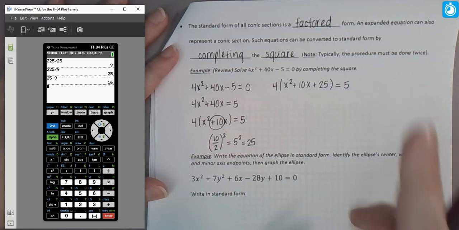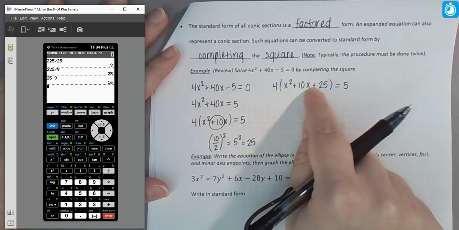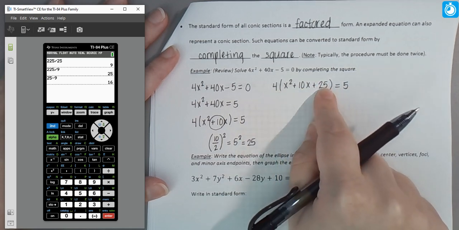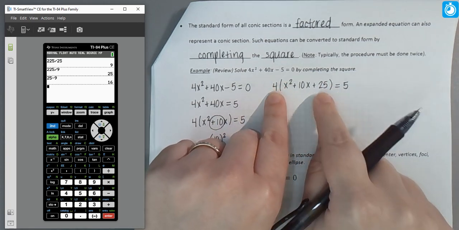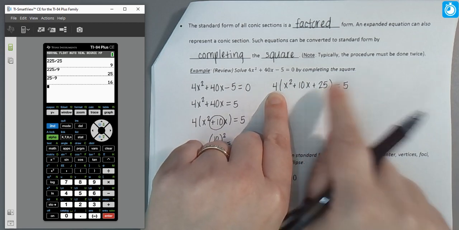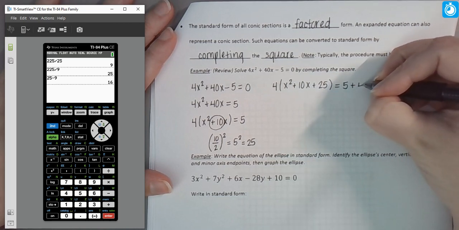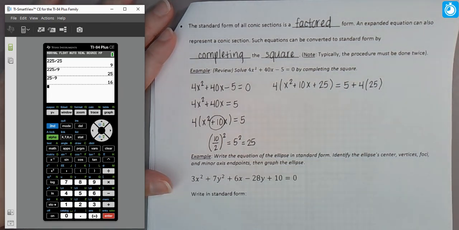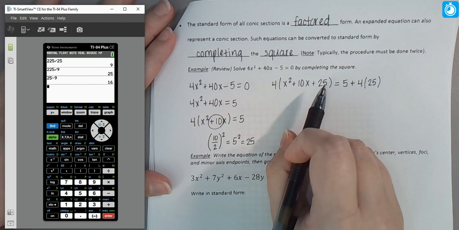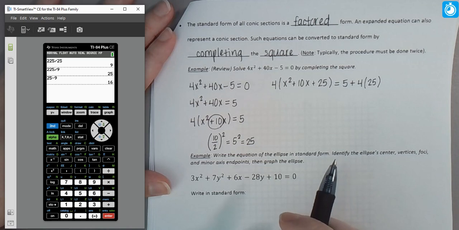And I have to be careful here, because I added on 25 inside parentheses, but everything inside parentheses is also multiplied by this 4 on the outside. So really, I added on 4 times 25. So when I balance out the equation on the right, I have to take that into account by adding on the 4 times the 25. Because again, it wasn't just a 25, it was 25 that was then multiplied by 4. So I have to do the exact same thing on the other side.